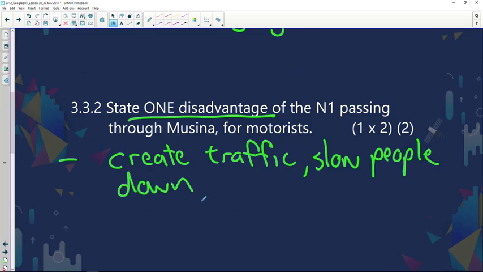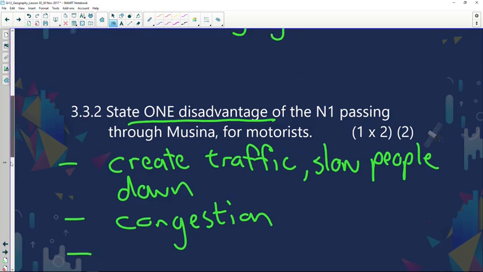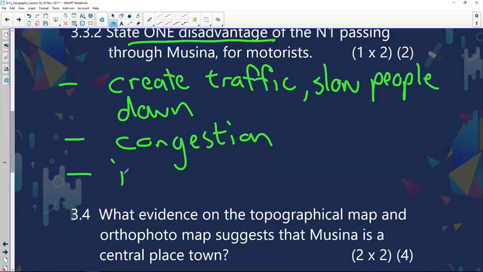Okay, it can create congestion. So eventually it's going to cause people to extend their journey because it's going to take them longer to reach it. And obviously with more people, it's going to increase the risk of accidents.